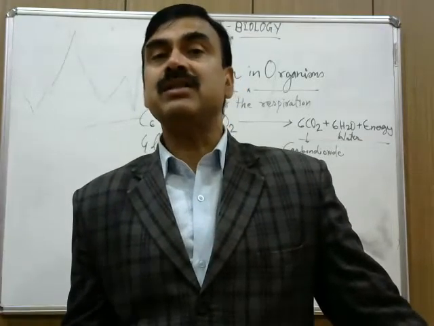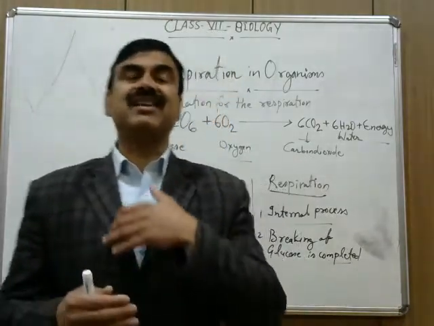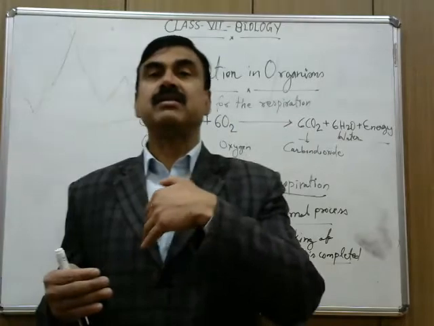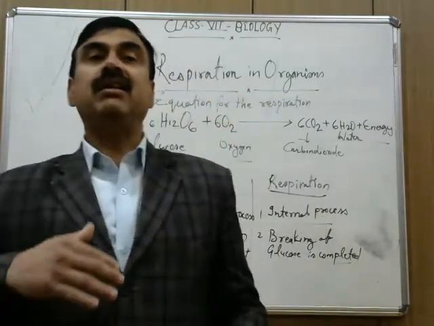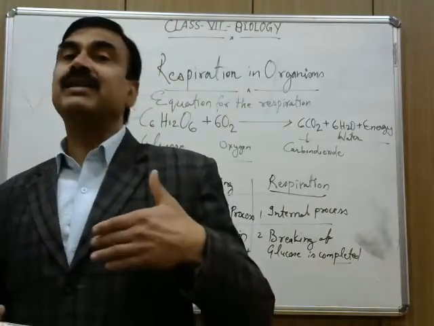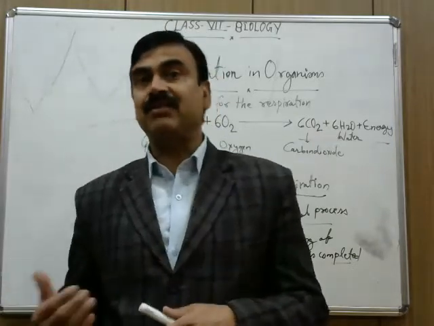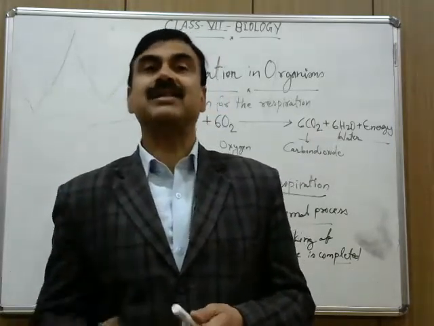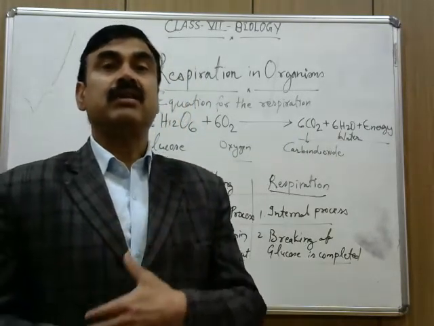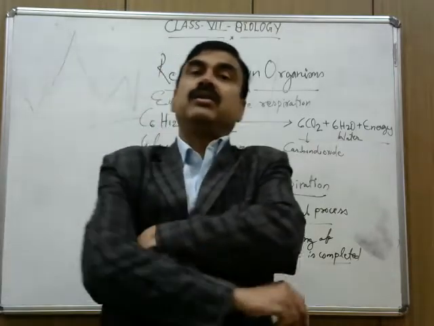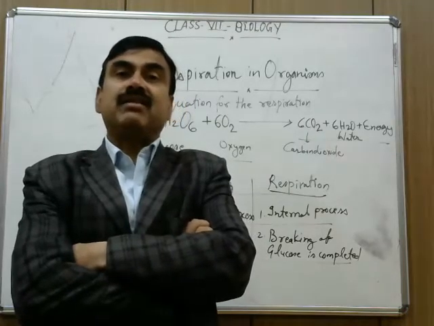Sometimes also in the absence of oxygen, when we do vigorous or excessive exercise, like batsmen running twos and threes in cricket, they are doing anaerobic respiration, a very fast process. Muscle contraction and muscular cramps occur. When we are doing very fast exercise, the availability of oxygen is less, muscular fatigue takes place, and we feel tired.